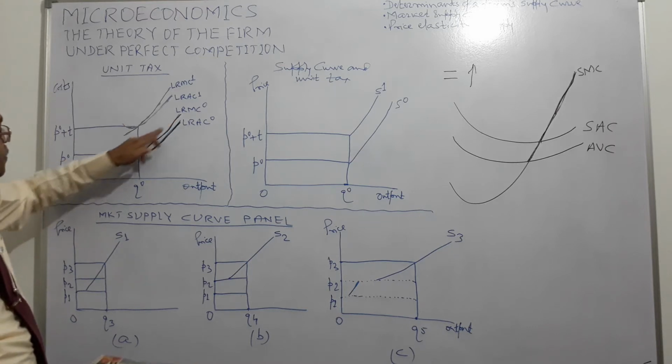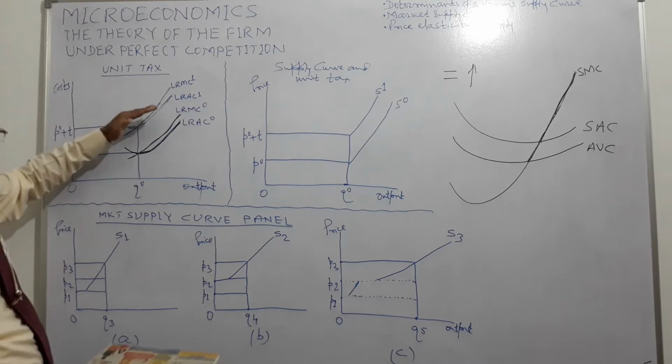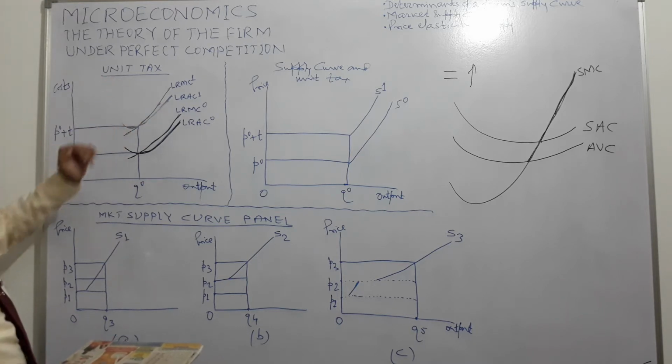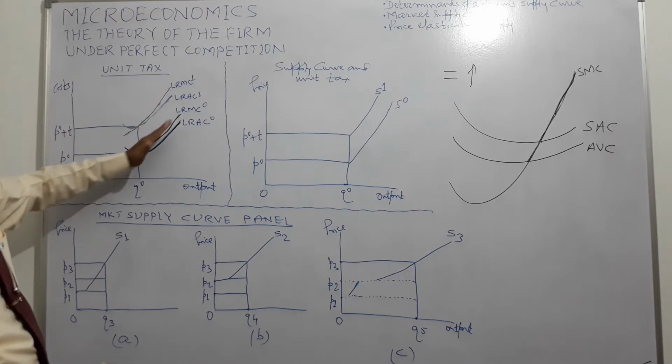Vis-a-vis LRMC 0, LRMC 1 has turned to the left. And the level remains the same here, but the supply curve goes up.